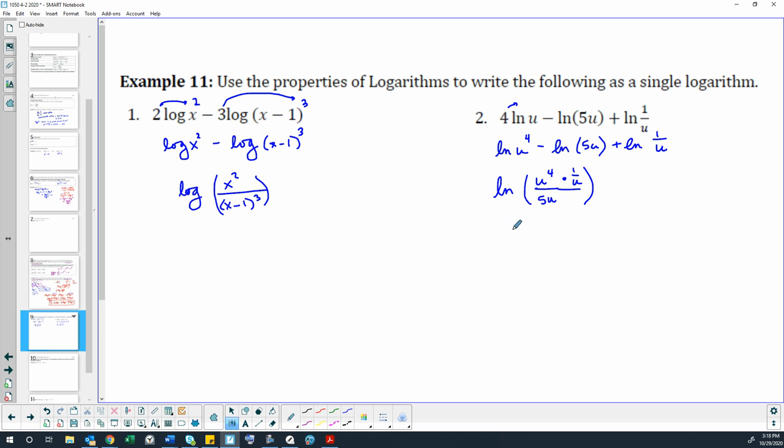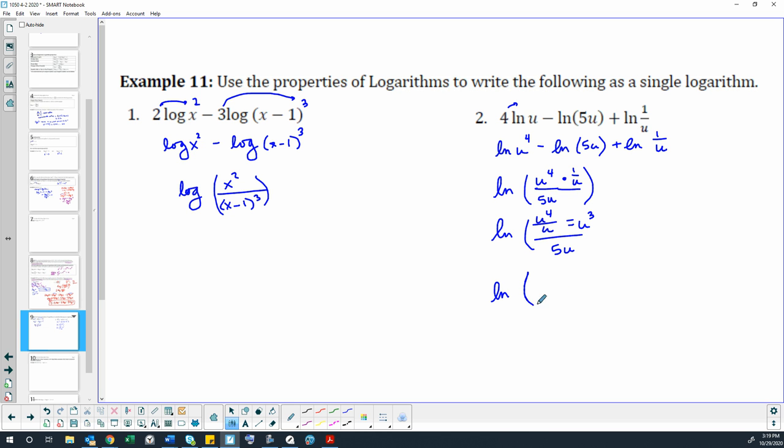Now we just have all this algebra to simplify. So we have u to the 4th times 1 over u. Isn't that the same thing as u to the 4th divided by u? That's just the numerator, which turns that into u to the 3rd. And then that is over 5u. But if we have a 5u in the denominator, doesn't that mean that one of those u's can cancel with one of those?